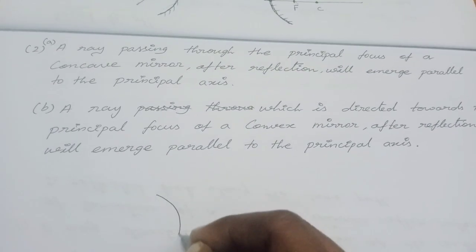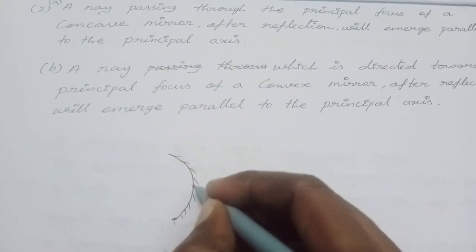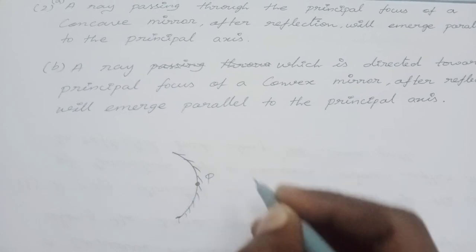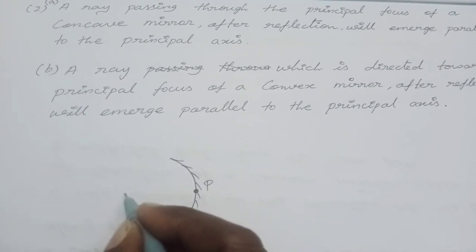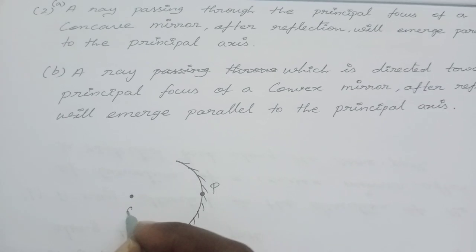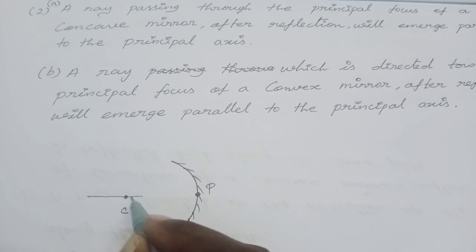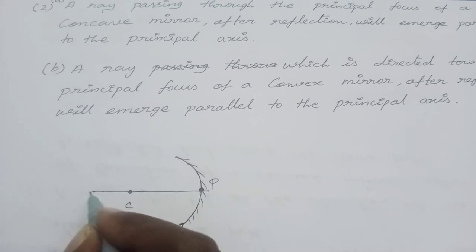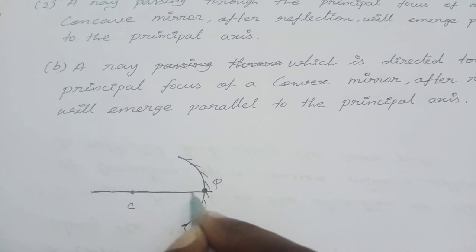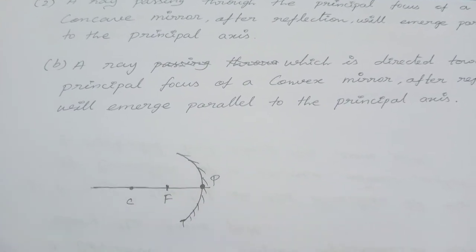In case of concave mirror, this is the concave mirror, this is the faded part, this point is represented as the pole, and this is the center of curvature. This is the imaginary line which passes through the center of curvature and pole. So this is the principal axis, and this point is the principal focus.